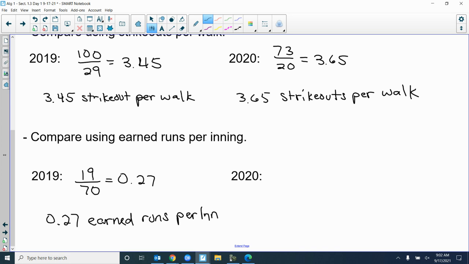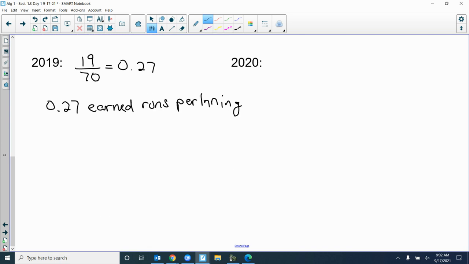Okay, see what you get for 2020. And again, he has fewer earned runs, but he has fewer innings as well. All right. So Diana, how many earned runs did he give up in 2020? Off of the chart. 73? I don't think so.